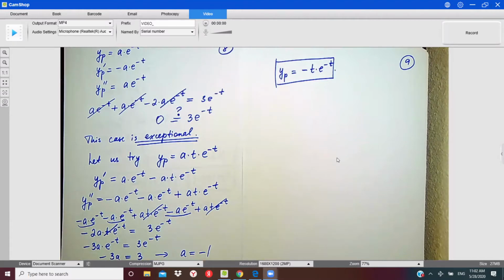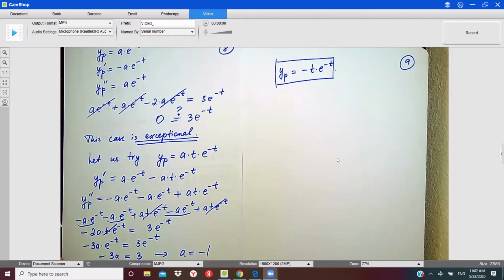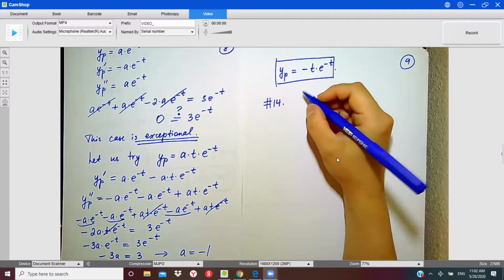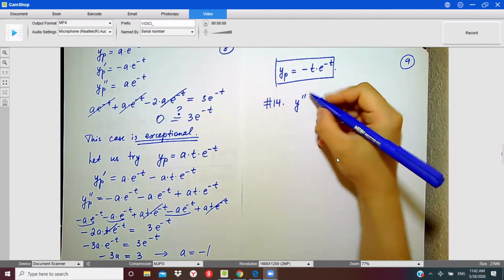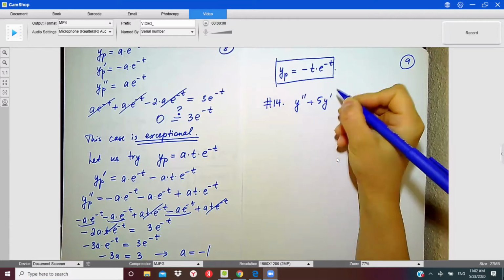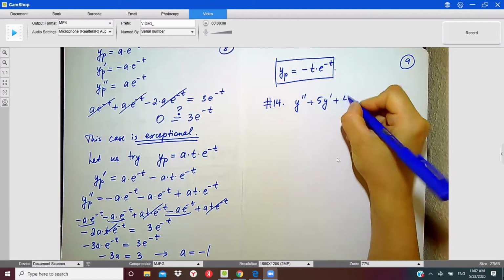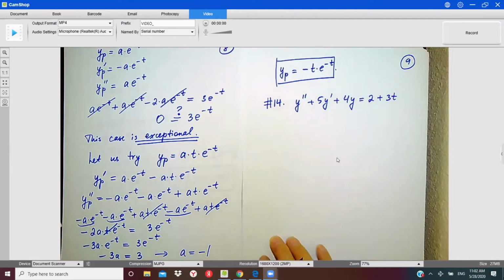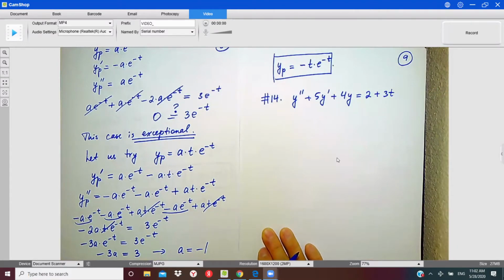Let's try number 14. Okay, so this is our DE, and we have to find a solution of the associated homogeneous equation, then use the technique of this section to find a particular solution.